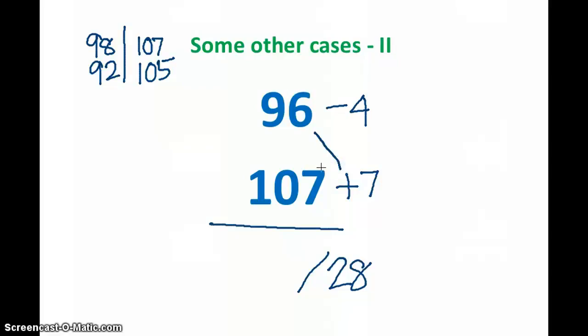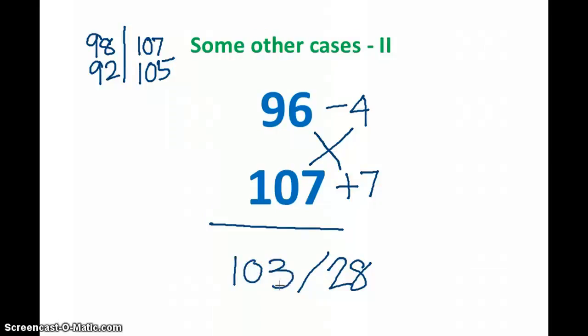But see, the technique remains the same: in a diagonal way either we add the numbers or subtract the numbers, or we can do 107 minus 4. The beauty here is that 107 minus 4 gives me 103 and 96 plus 7 also gives 103. So the answer is 10328.